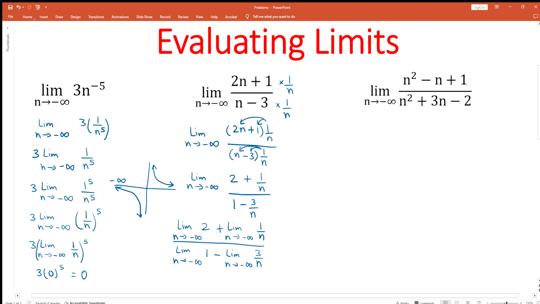In the numerator, the value of the first limit is 2 because 2 is a constant. Limit n approaches negative infinity for 1 over n is equal to 0. In the denominator, limit n approaches negative infinity for 1 is equal to 1 because 1 is a constant. For limit n approaches negative infinity for 3 over n, we can move the coefficient 3 outside the limit.